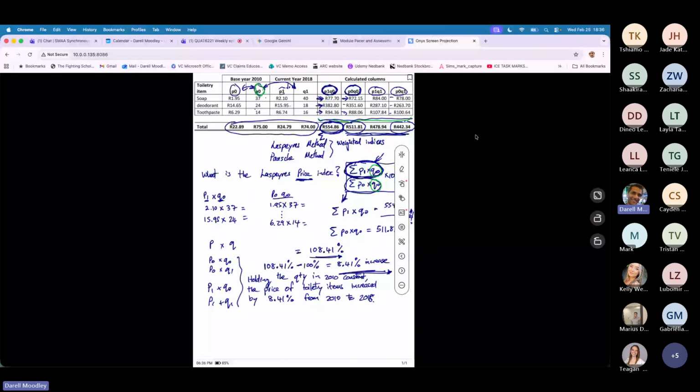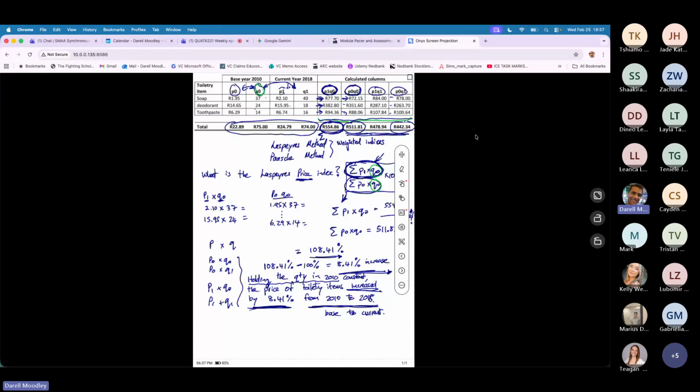Please answer the question exactly like how I wrote it. You can change the wordings, but there are things you must have in your explanation. You need to show what you're keeping constant. You need to show whether it increased or decreased. You need to say how much it increased or decreased by, and from what period to what period it changed. I've seen students say from base year to current, and you will get marked down for that.